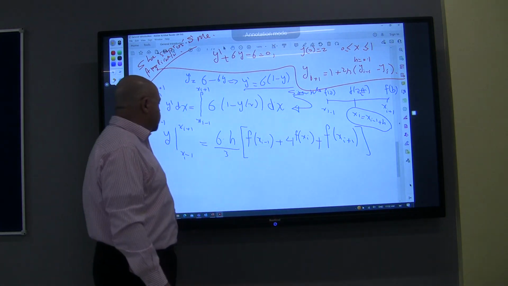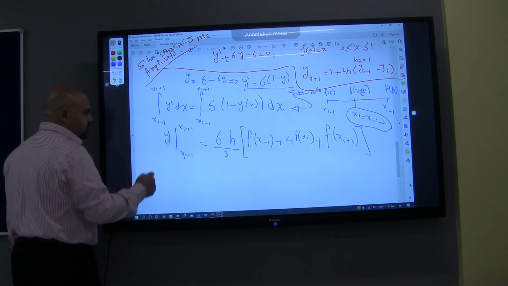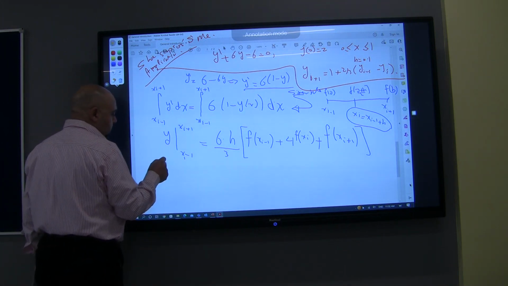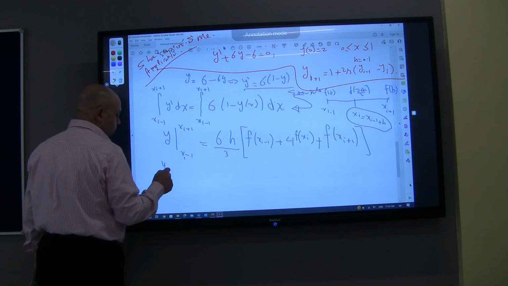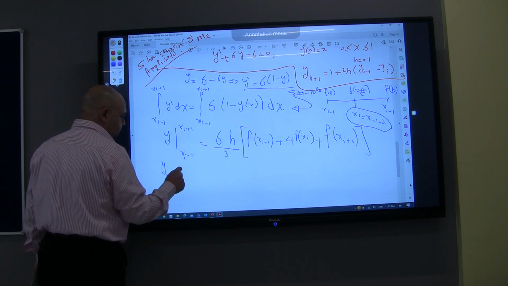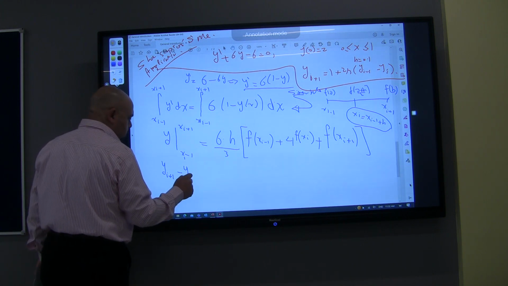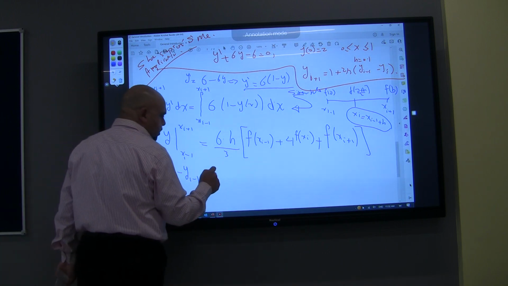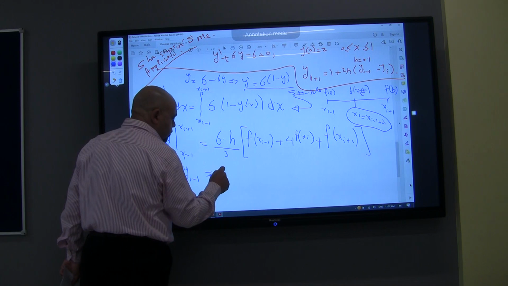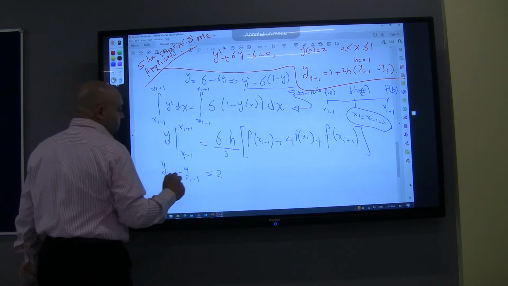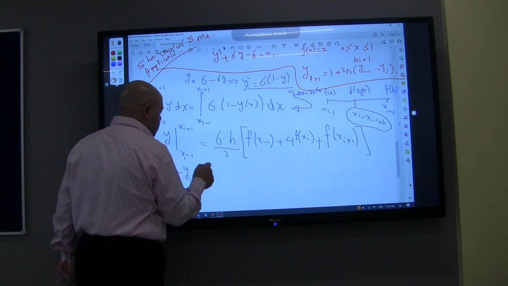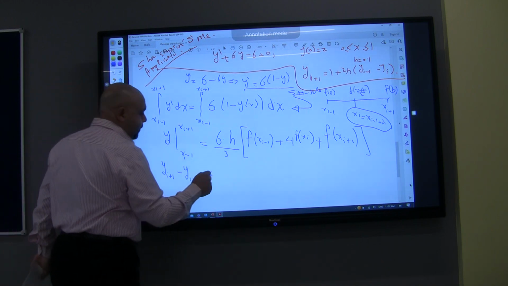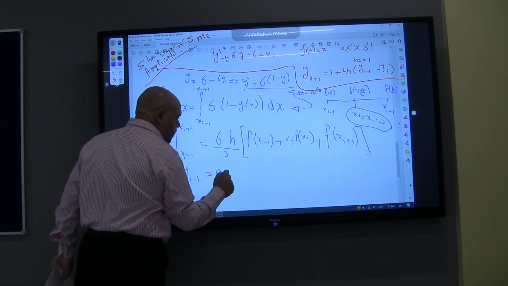This is Simpson rules, states that once you start substituting, you will have the value of y at I plus 1 minus y of I minus 1 at x of I minus 1, which is going to equal 2 times h. So I can say this value will equal 0.2 after substituting.